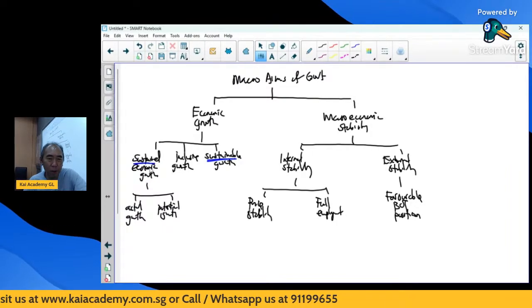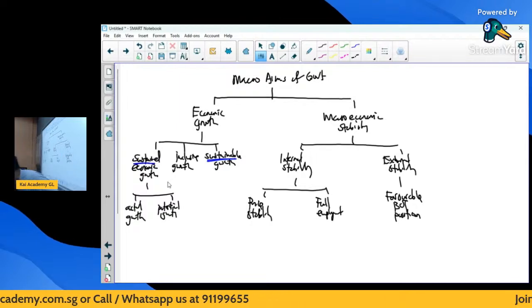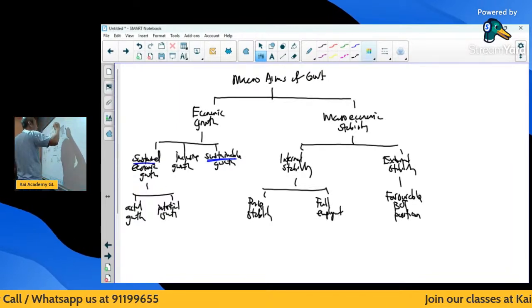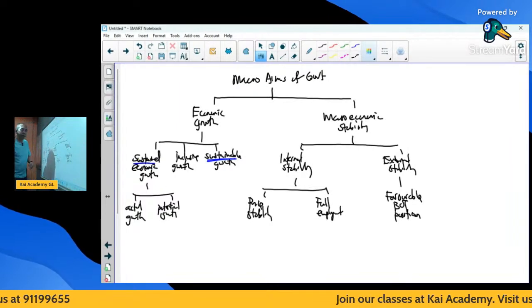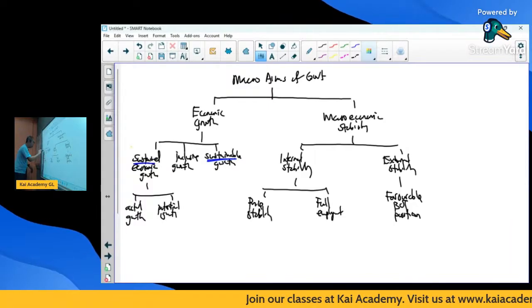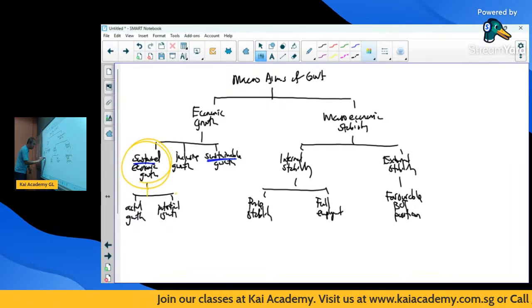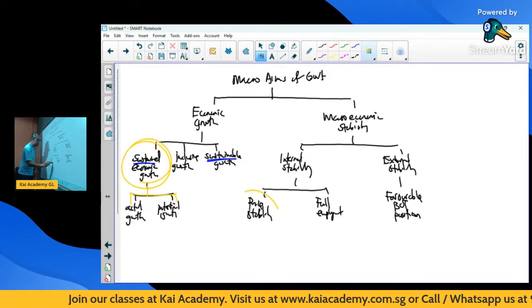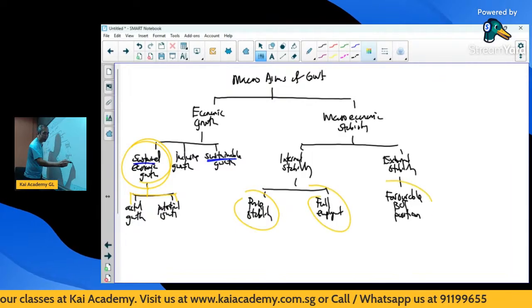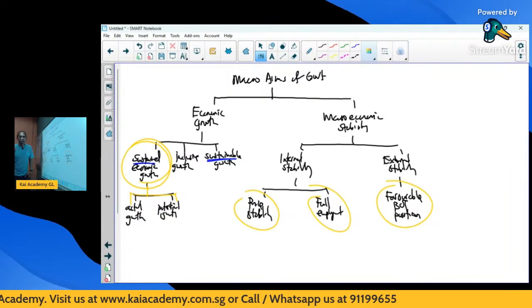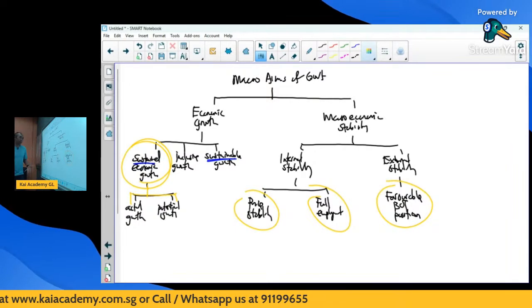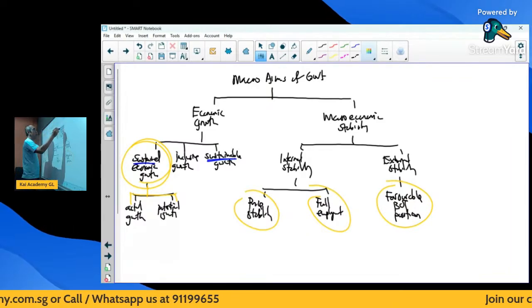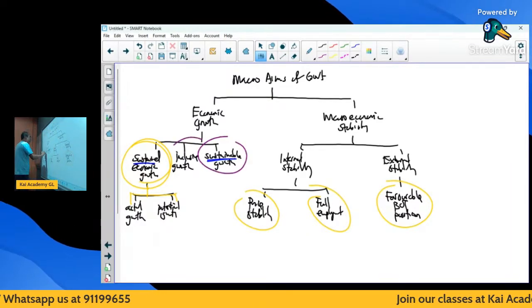So when we talk about macro aims of government, what counts as macro aims? Here's a very neat trick. You treat this as one aim, which includes both actual and potential, this as one aim, this as one aim, this as one aim. So normally our macro aims classify into the 4 macro aims. Then what about sustainable growth and inclusive growth?